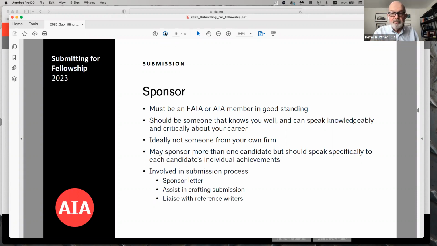So even though you're narrow focusing on something you're particularly interested in, if you teach with one person or you're in practice with another, or somebody's a student or an employee or an old boss, they each talk about a different aspect of your career so that you paint a full picture and you don't have 7 letters repeating the same 6 general things. So it makes the reference letters easier to write.